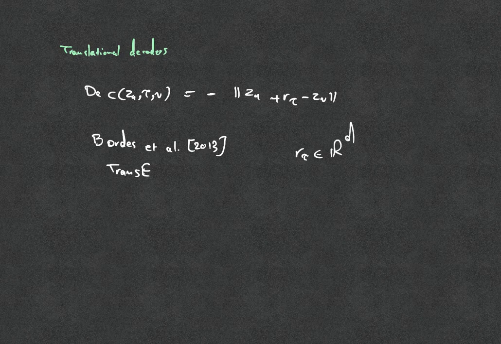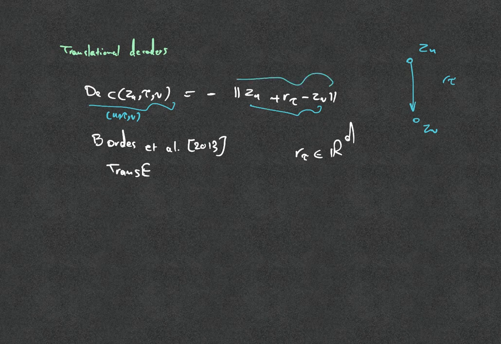Now, what does it mean? Assuming that, as expected, we want the decoder output to be related to the probability or likelihood of the presence of the edge u tau V, we basically mean this. If you have ZU in your embedding space, and translating it using R tau takes you to the representation for the node V, then this value is going to be smaller.